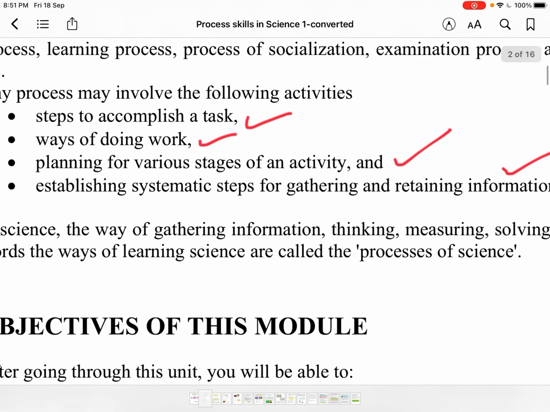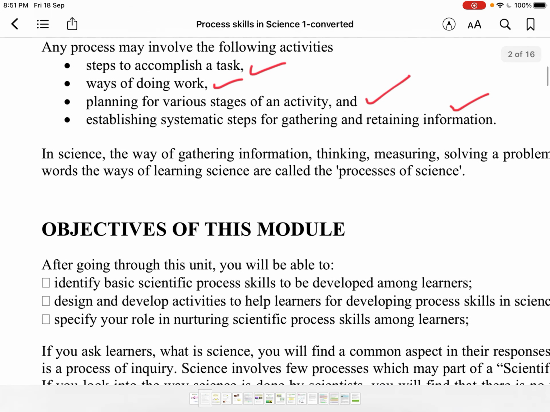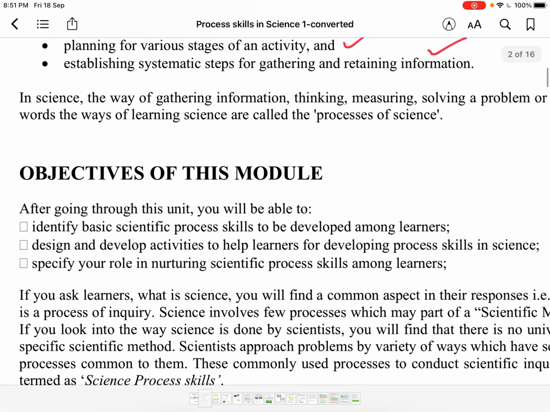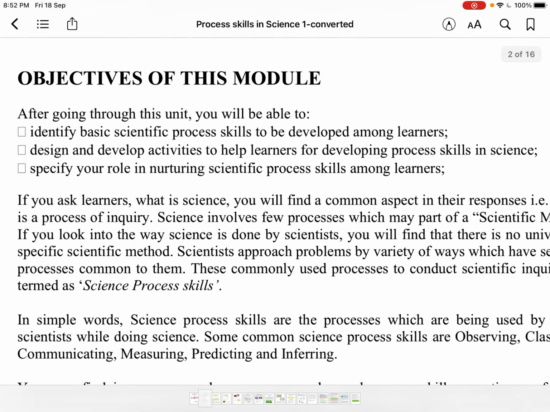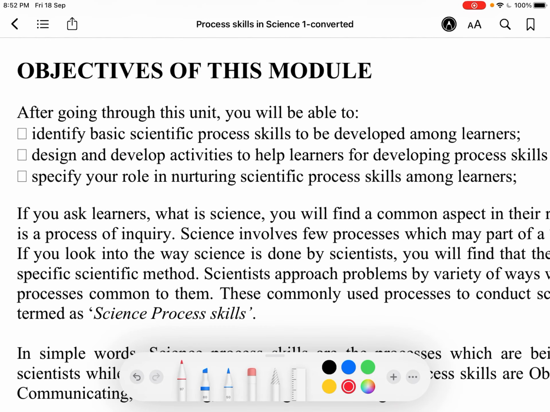And this process in this particular module will be dealing with certain basic processes of science skill. So in this module, it will help you to identify the basic scientific process skills, which are to be developed among our students, learners.